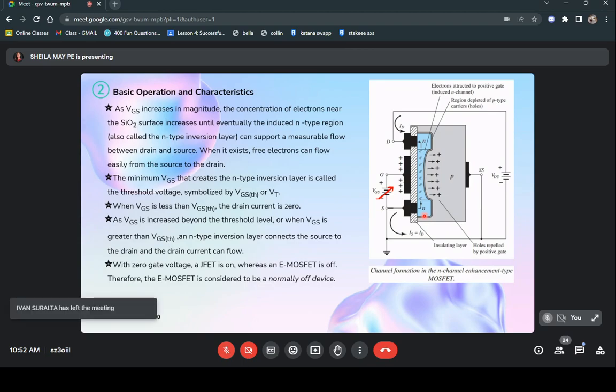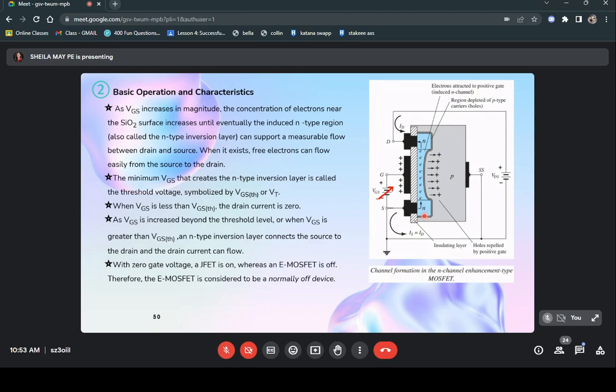So as VGS is increased beyond the threshold level, or when VGS is greater than VGS(th), then the n-type inversion layer connects the source to the drain and the drain current can flow.